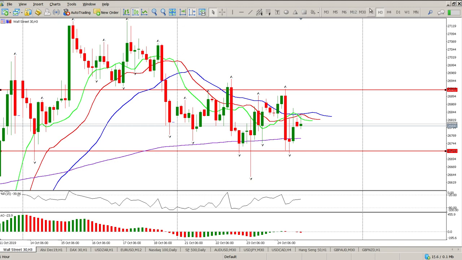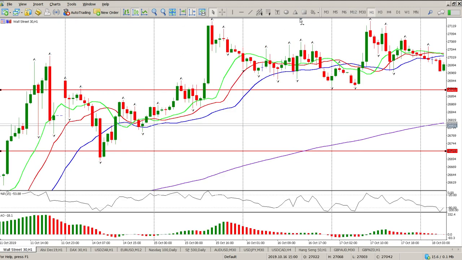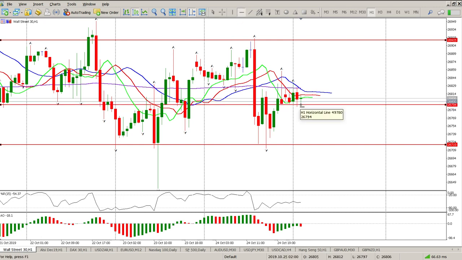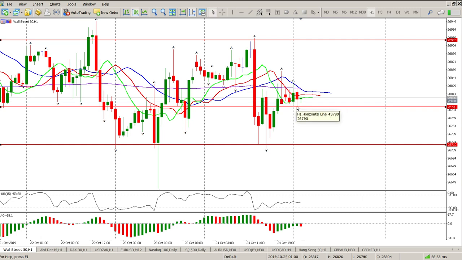So if we get down to the hour, you'll see a little bit of a different picture. We're moving up, but look at all this congestion on the 200 EMA of the hour and testing of the alligator. So with that being said, I'm already looking at this stage at a break below 26,790.